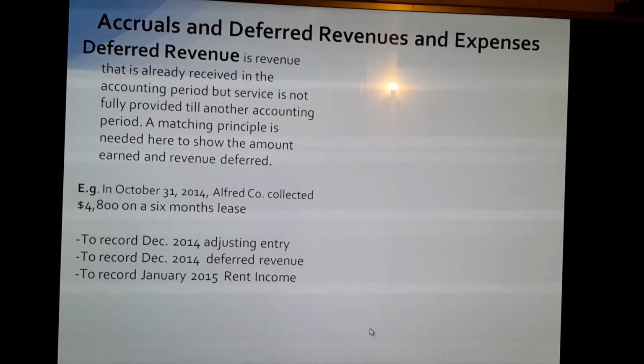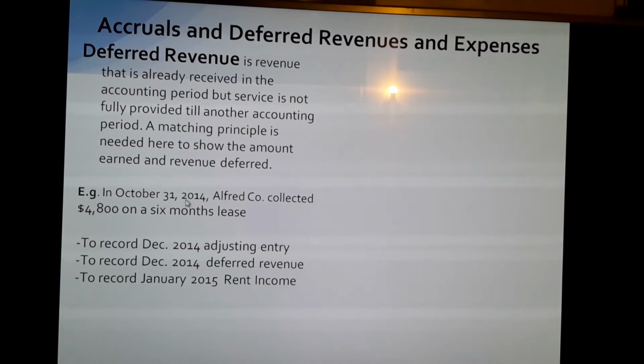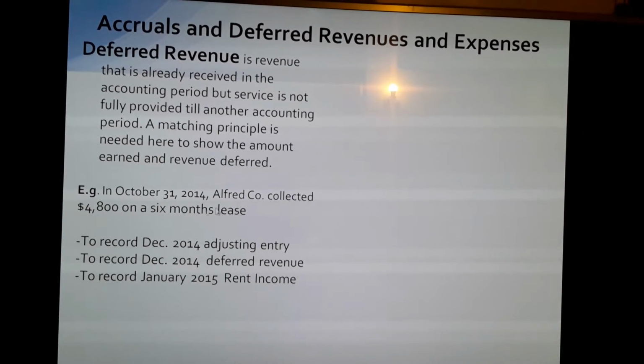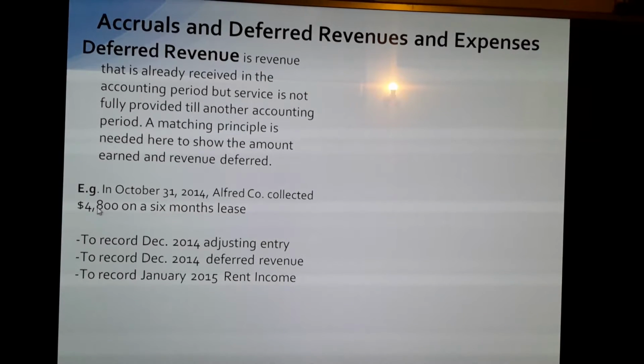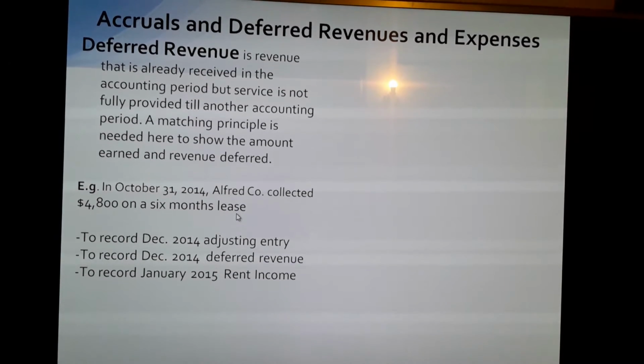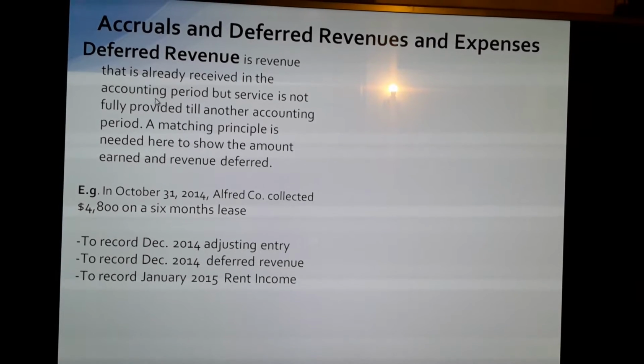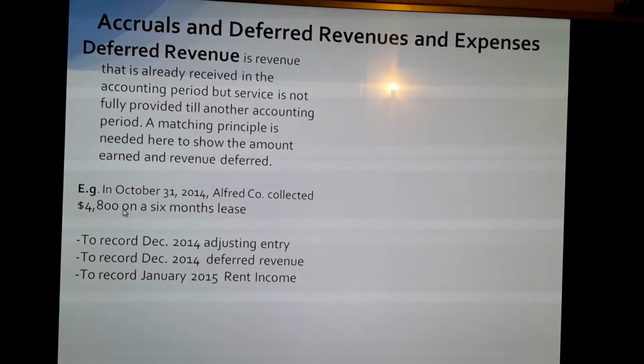Okay, so we have this example: on October 31st 2014, Alfred Company collected 4,800 on a 6-month lease. Okay, so Alfred has his own building and he leased this building and he collected this kind of money, 4,800.